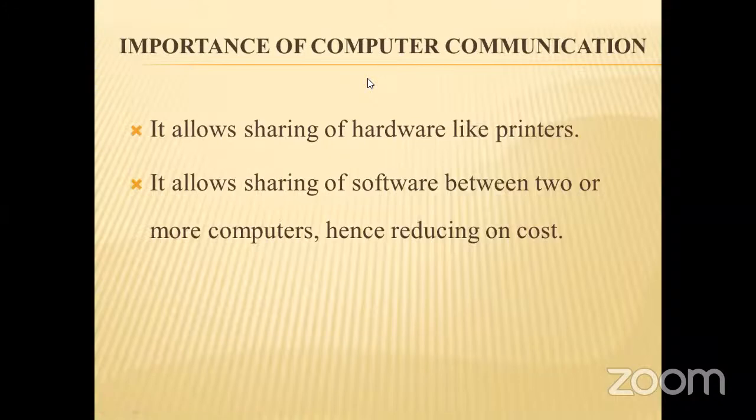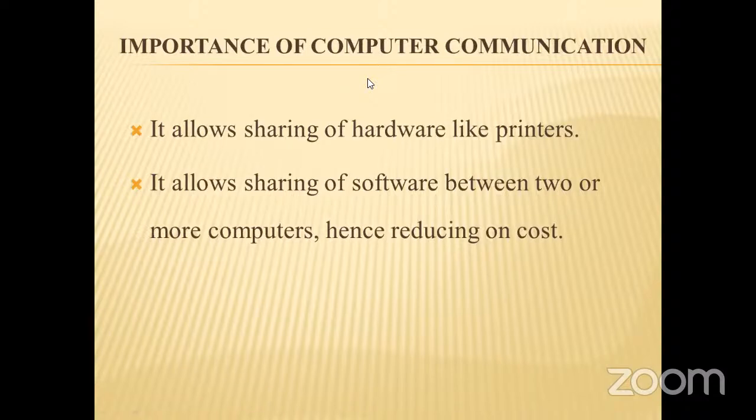When we talk about computer communication, the first importance we look at is sharing of hardware like printers. When you're dealing with computer communication, you remember you're having two or more computers that are communicating to each other. And so this will help you share some hardware components or hardware devices.